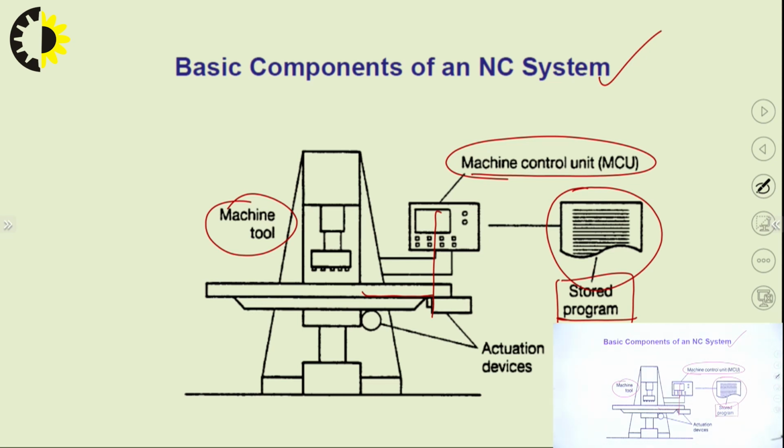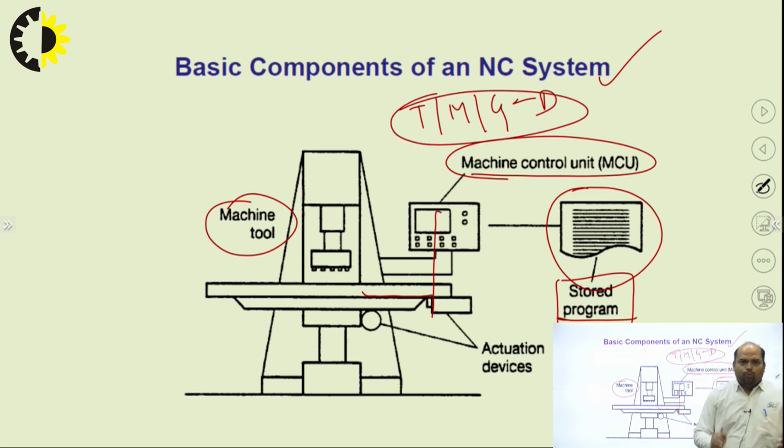Generally, the program is read by the machine control unit, and it executes the sequence of processes. Suppose we are talking about turning, milling, grinding and drilling, the sequence of operations will be instructed to the machine control unit, and accordingly it will produce the component as per the program sequence.